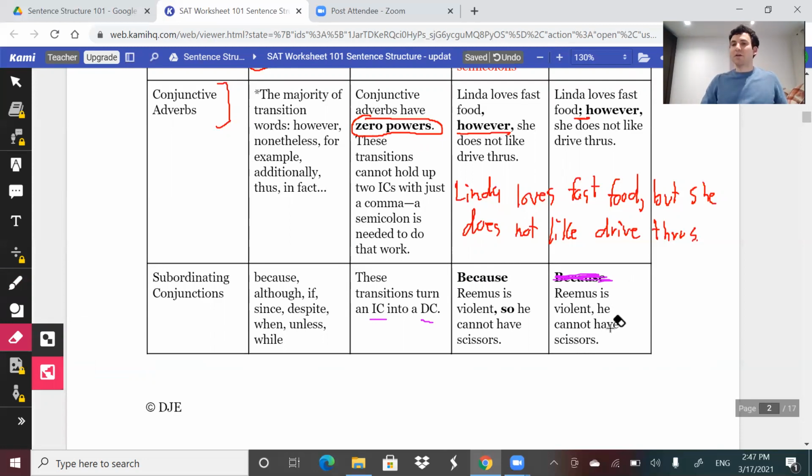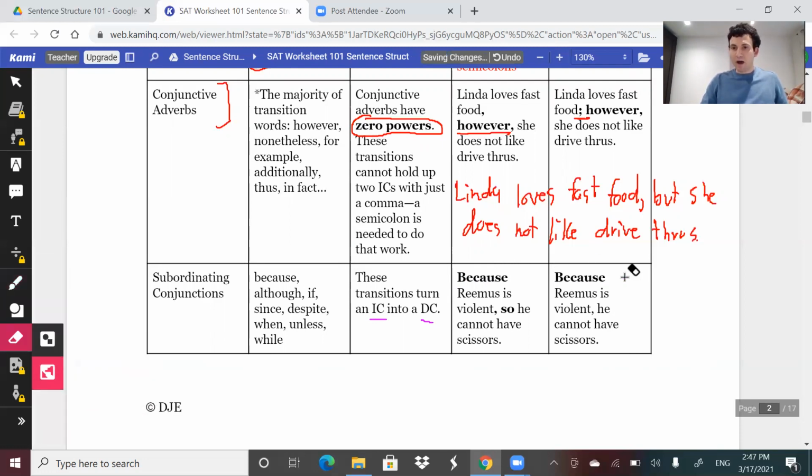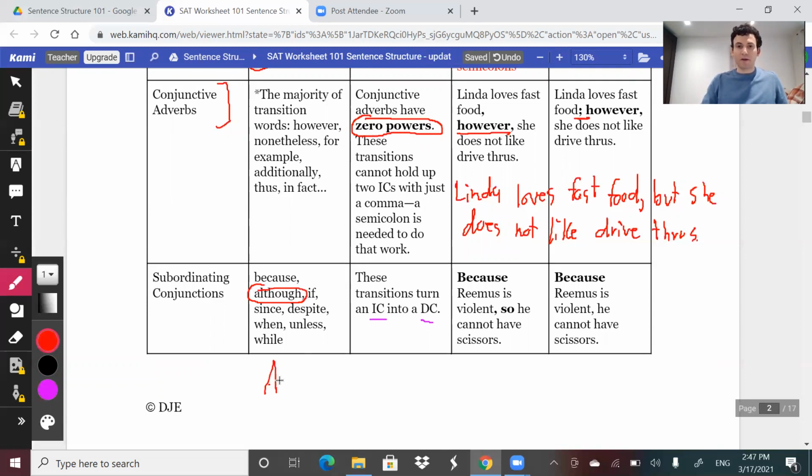Remus is violent is an independent clause, he cannot have scissors is an independent clause. We can't connect those two with just a comma. However, if I put a subordinating conjunction like because out front, the first part turns into a dependent clause. If you remember when I said Sarah spoke, and then although Sarah spoke at the beginning, although Sarah spoke was a dependent clause. Why? Because of the subordinating conjunction although.